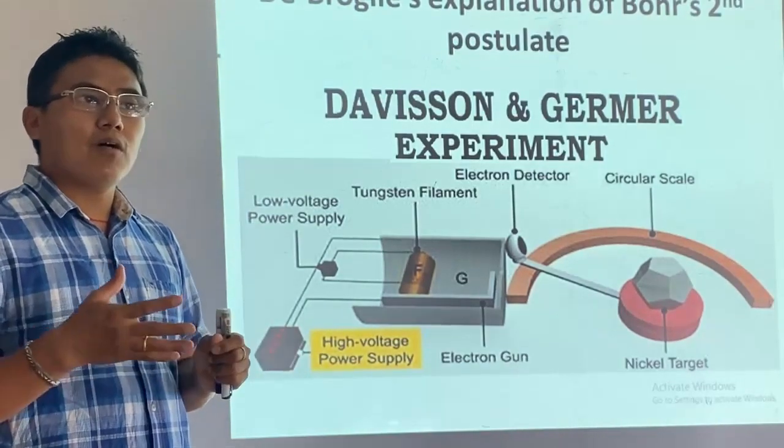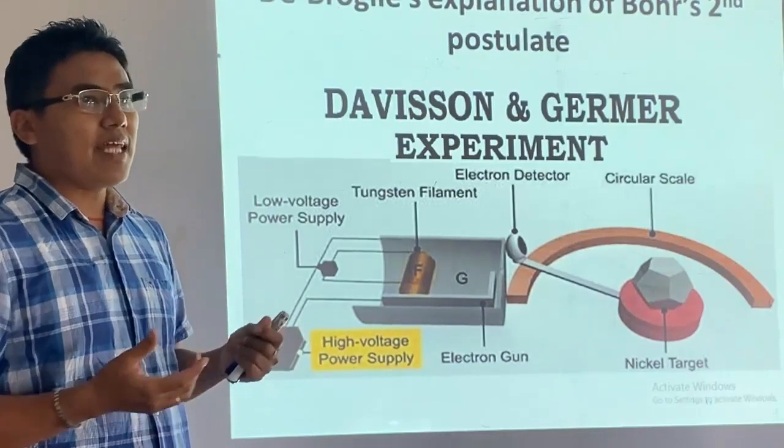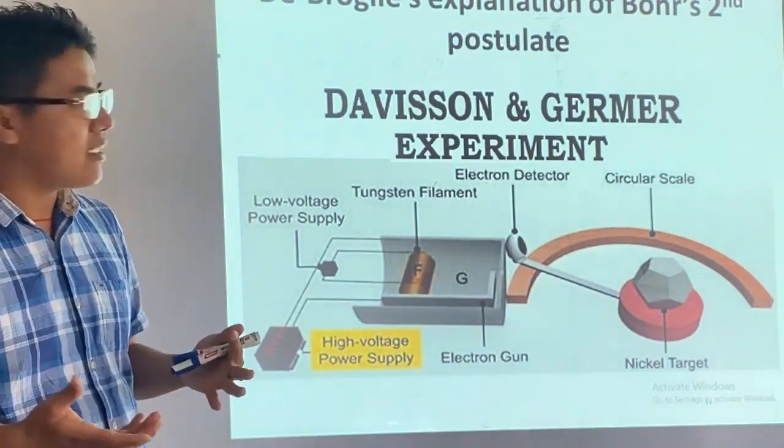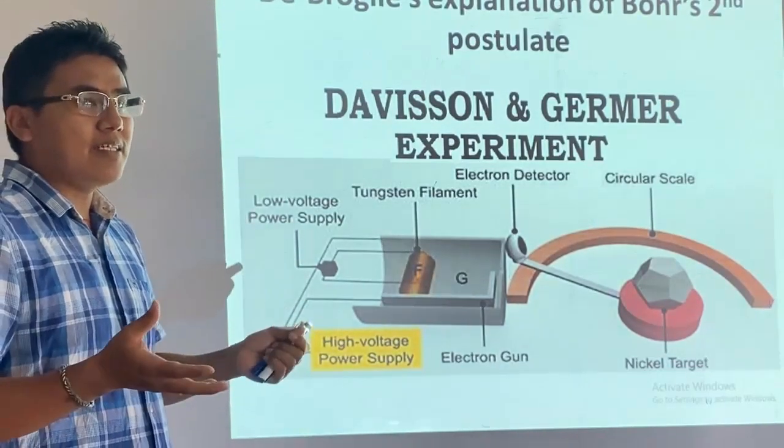Bohr's model of the atom was done in 1913, and the explanation was done in 1923.